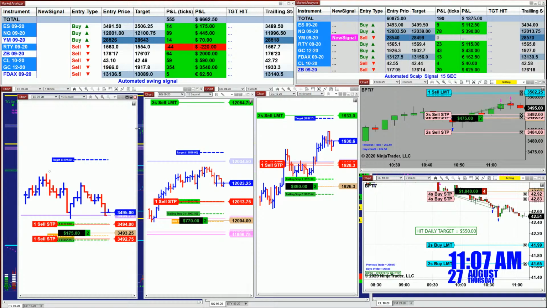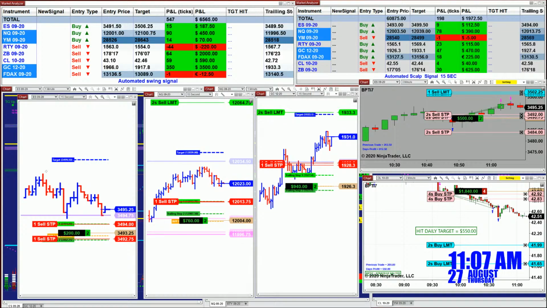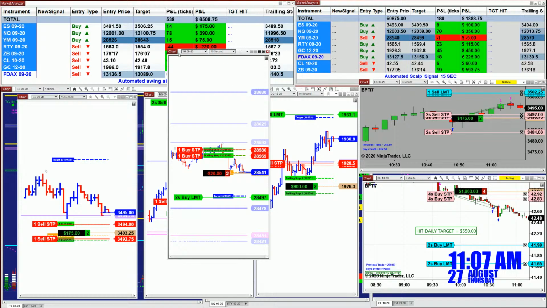A new signal on the YM with the scalper. You have a sell position on the YM. Sell position on the YM. And the auto trade already took it. It's right there. This is the chart from the signal.